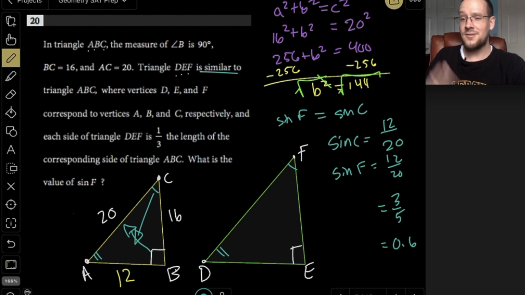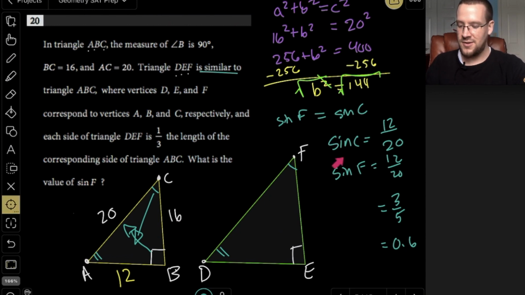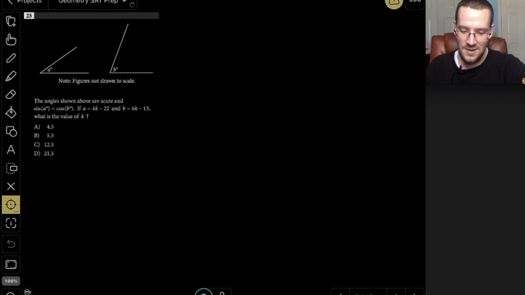Just remember that's one of our fundamental principles, that similar triangles are angle, angle, angle similarity. If two triangles are similar, then all three angles are the same. So angle F is angle C, and thus we can make this conclusion, not assumption, conclusion.